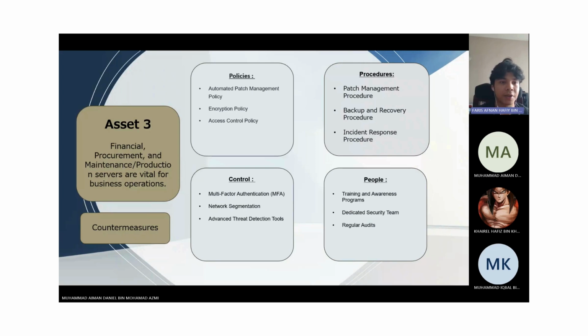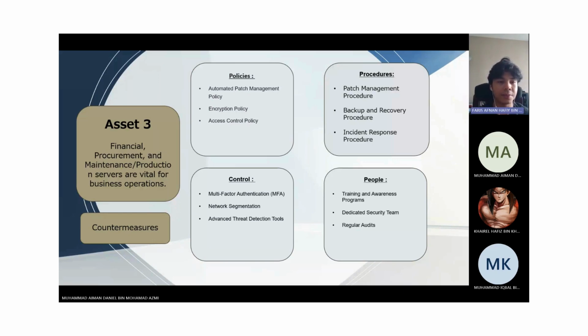And the encryption policy, which requires encryption of sensitive data at rest and in transit. And lastly, access control policy, which defines robust authentication requirements, including multi-factor authentication.